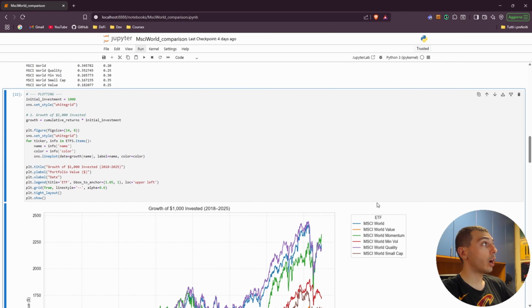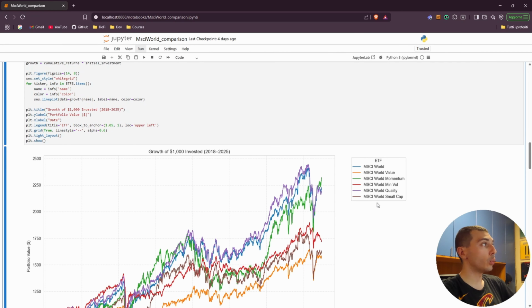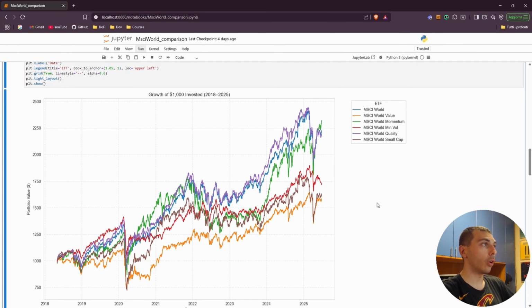Okay, in the first graph, we're going to see the growth of $1,000 invested. Immediately you can see that the winners here are the MSCI World Momentum with the green line, the plain MSCI World, the blue line, and the quality one with the purple line, with a significant difference from the other ETFs.